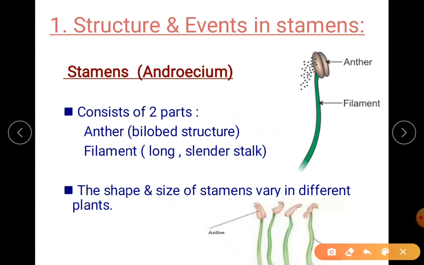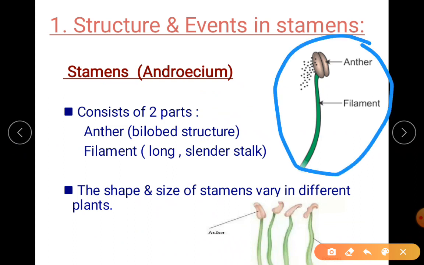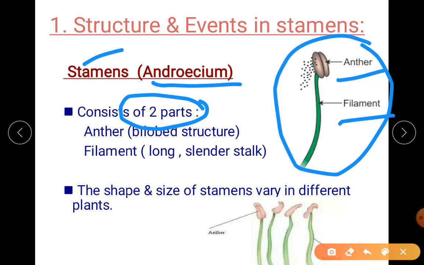Starting with the structure and events in stamens. So just observe the stamen. You all already studied before. Stamen consists of anther and filament. So it consists of two parts. Remember, stamens have another name. The technical term given is androecium. Remember it.